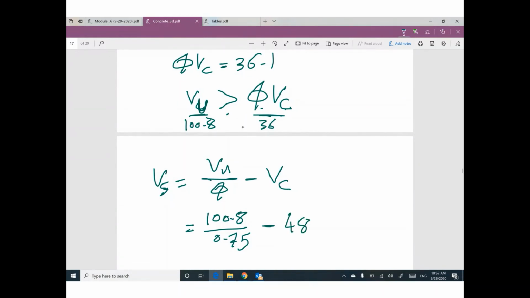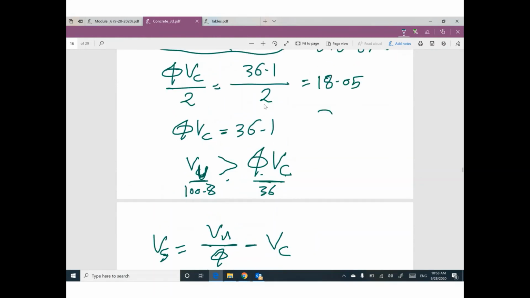48.13. Wow, how can I get this number? Guys, phi VC equals 36.1, but we are looking for VC only. Go ahead and divide this number by phi. It will be 48.13.